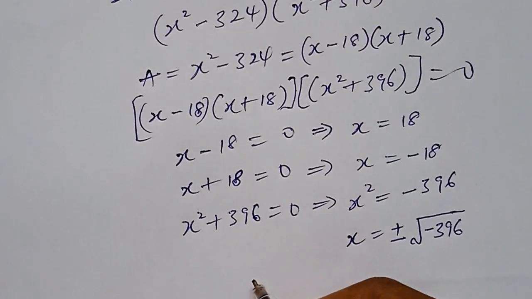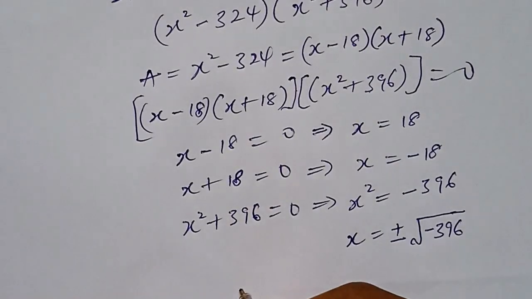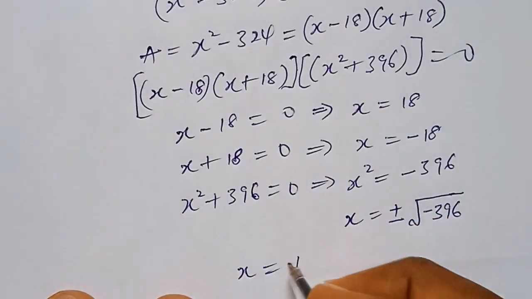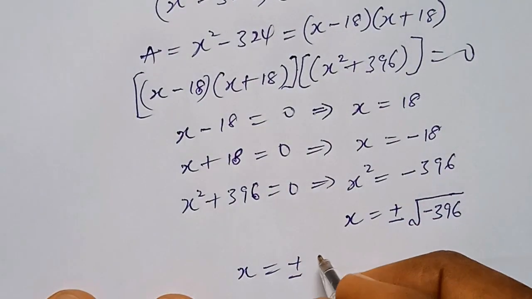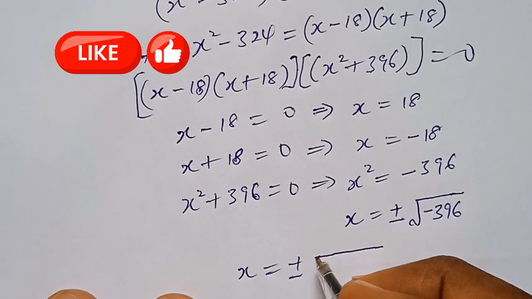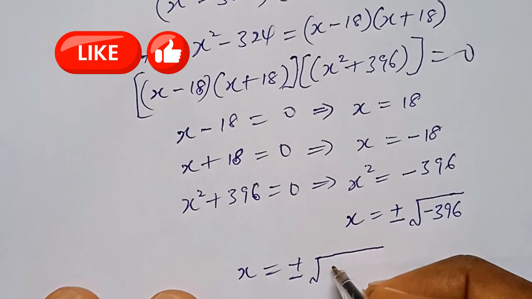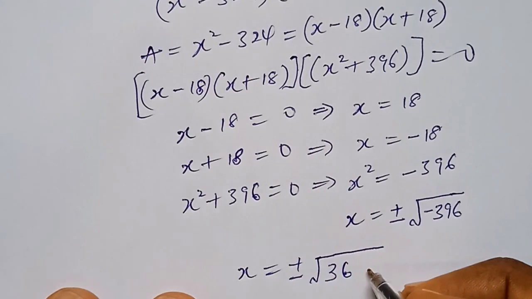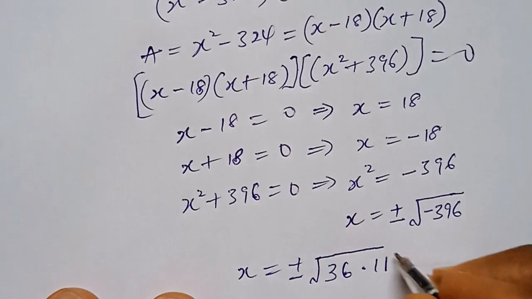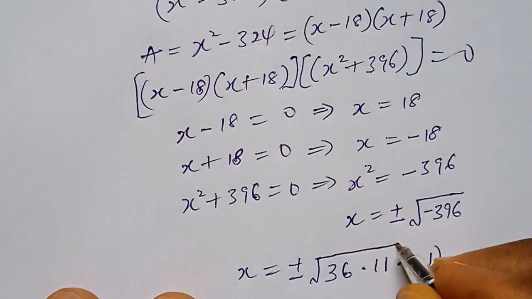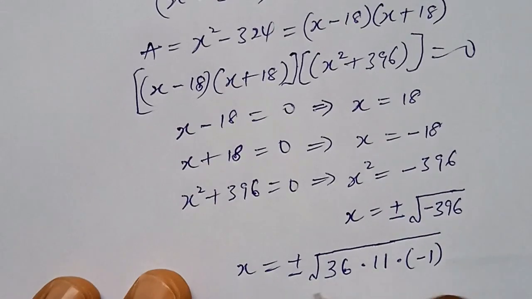This can be broken down as the square root of 36 multiplied by 11 multiplied by minus 1.